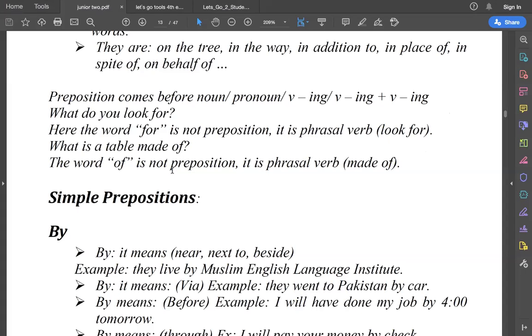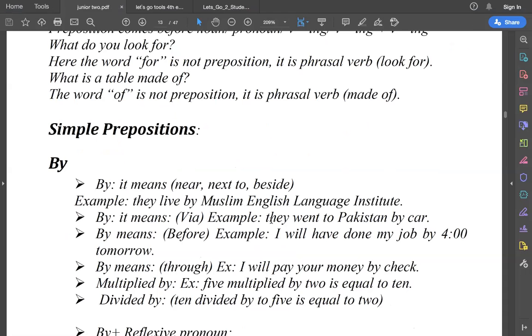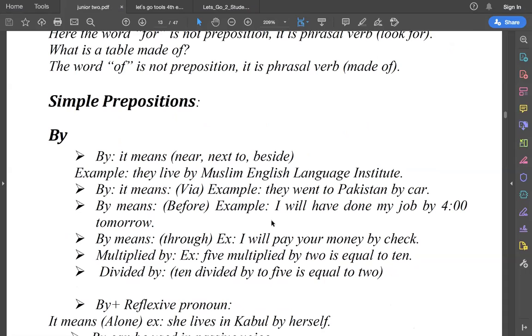It's not a preposition. It is totally a verb, a phrasal type of verb. Okay, we are going to start from simple prepositions.